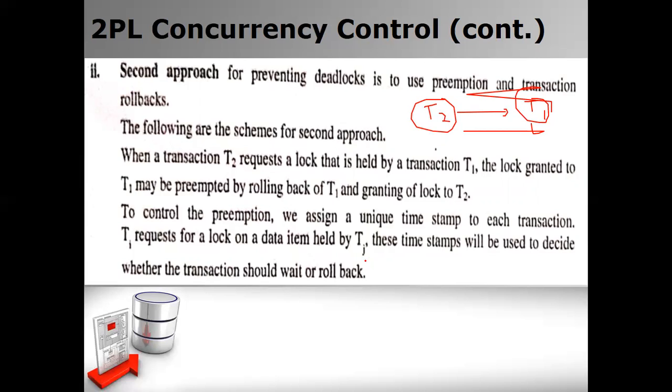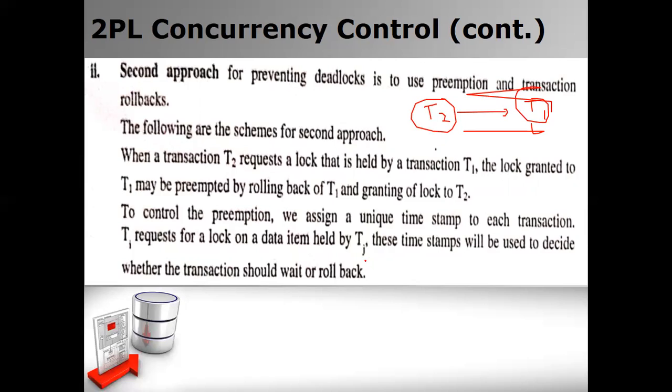If you are the first one, you get the first chance, and the last one gets the last chance. So to identify which is the younger and which is the older transaction, a unique timestamp value is assigned.